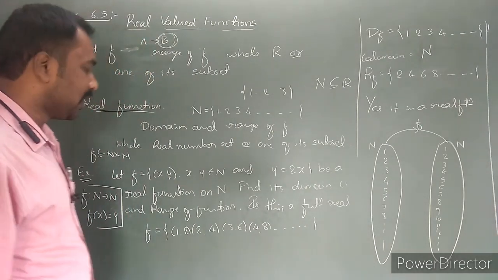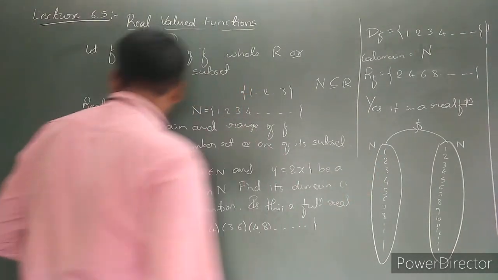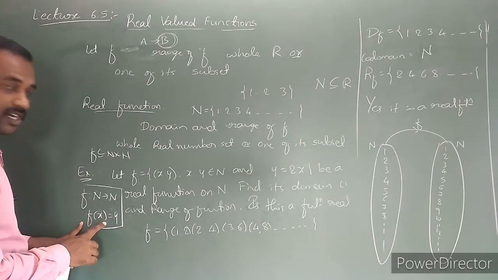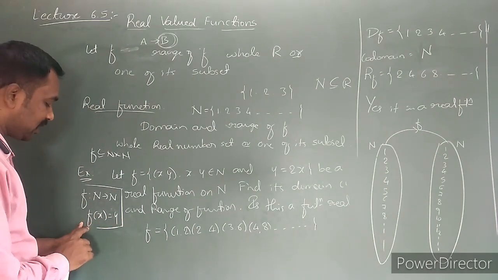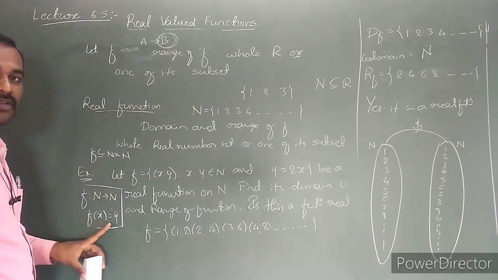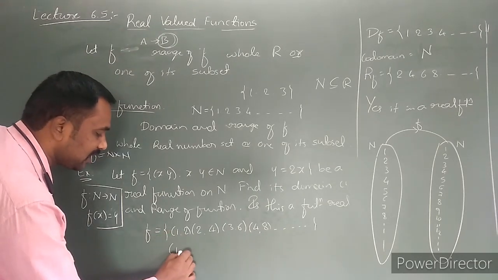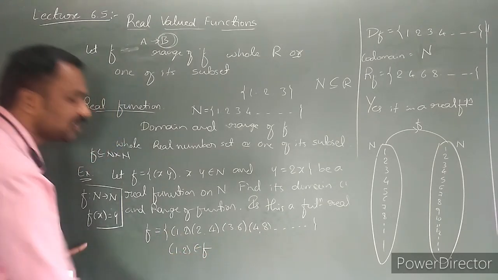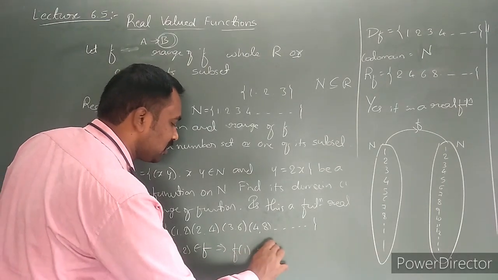What is the image of 1? Image of 1 is nothing but, x value is 1. Here come to the definition. f of x is equal to y. Image of x under the function f is what? Here (1, 2) is present in the function. Can I write that? (1, 2) is present in the function f. This is nothing but f of 1 is equal to 2.